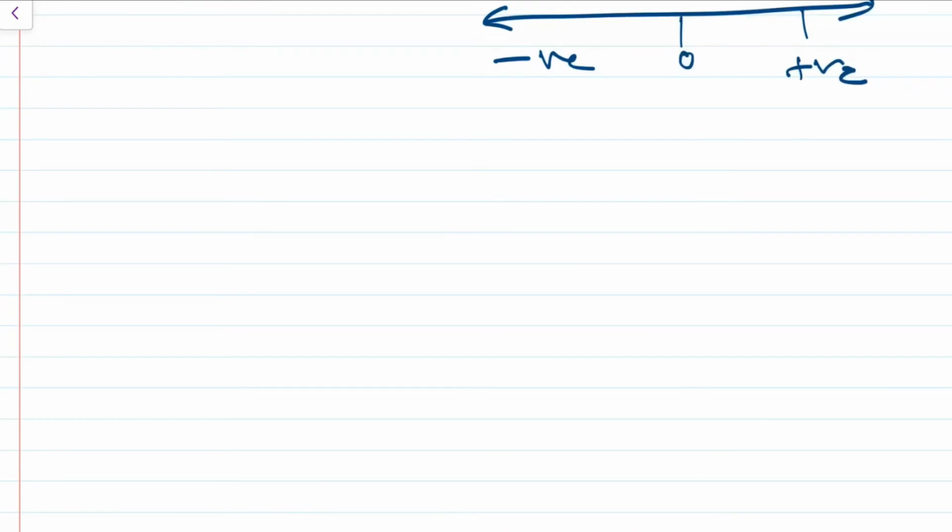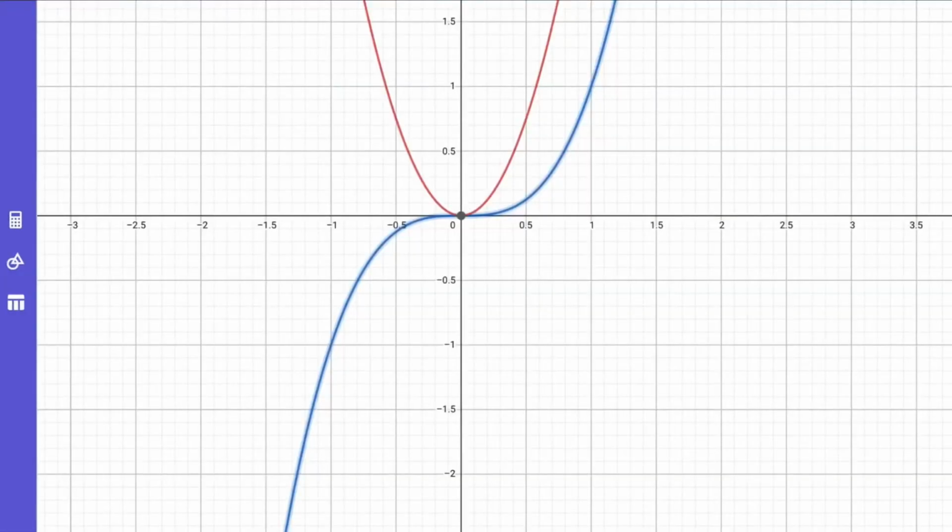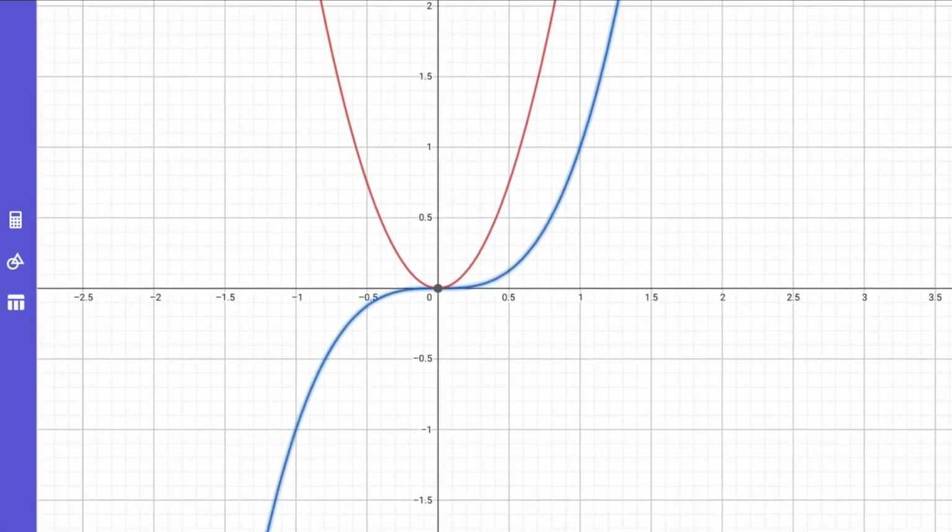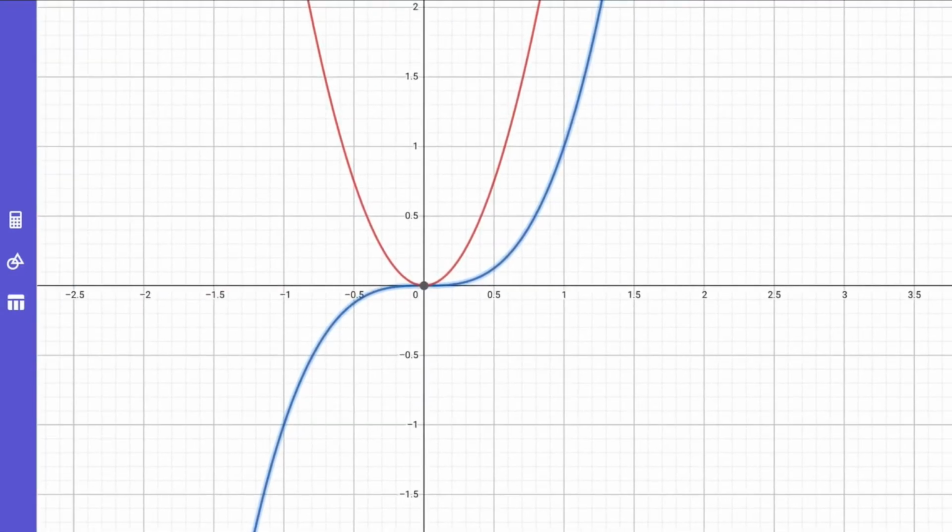But this is not the case at the point of inflection. At the point of inflection, the first derivative does not change its sign. See the graph. The blue graph which we are seeing is the graph of f equal to x cube, and the red graph is its first derivative, that is 3x square.